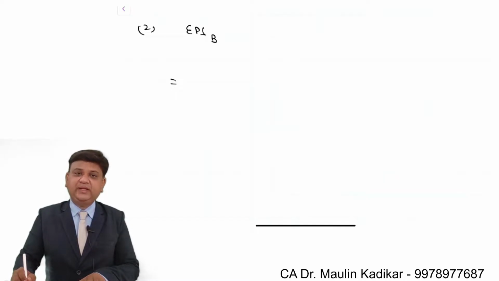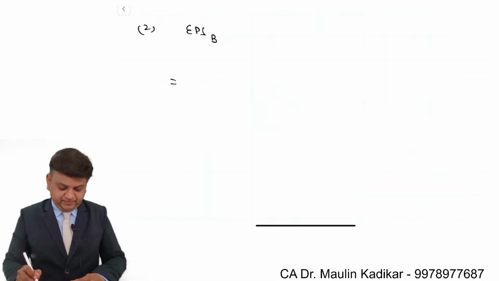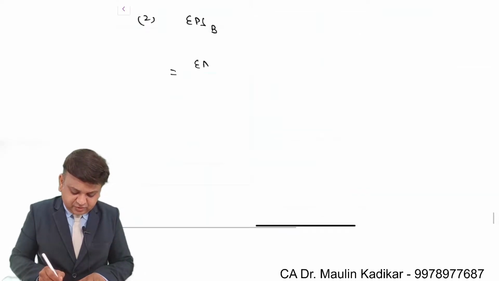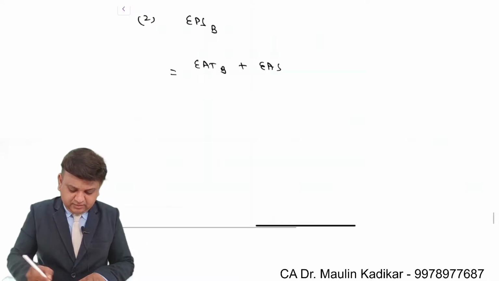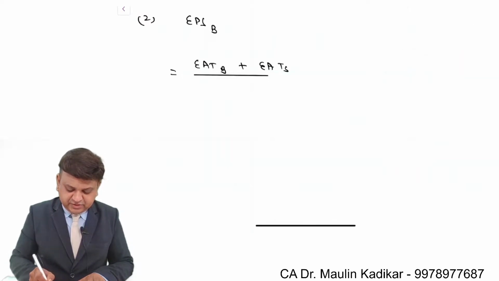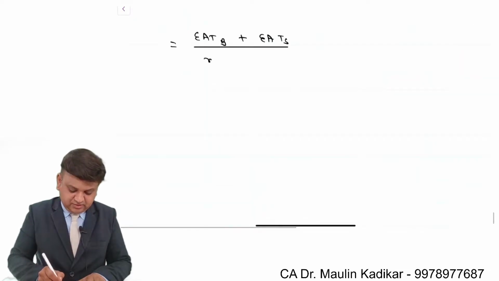So we assume that the earnings of both the companies independently, summed together, is the earning after taxes of the merged firm. So I request you to write down the answer along with me. EAT of B plus EAT of S divided by number of shares of B plus number of shares of S into exchange ratio.